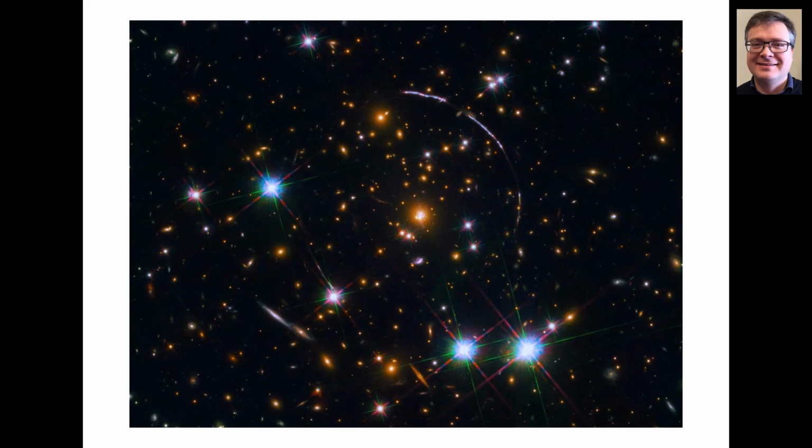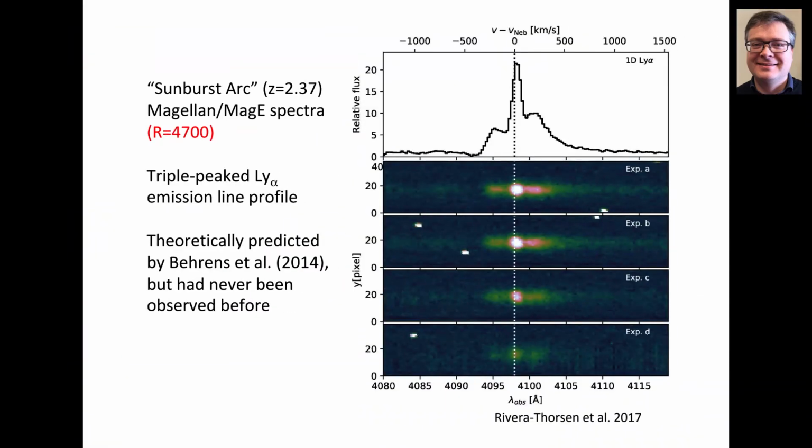So this is the arc I showed you. It's called the Sunburst Arc. That has a telltale spectrum I showed you with a central peak. So the ionizing flux is escaping through a small gap in the clouds, which is cleared of neutral hydrogen.